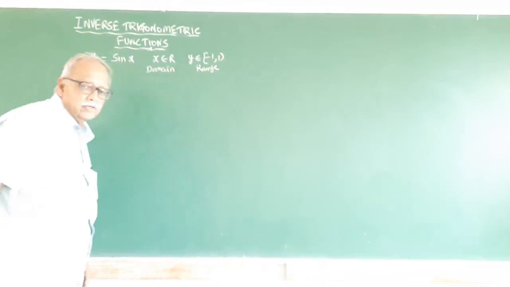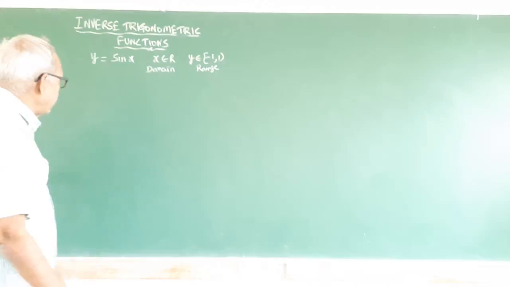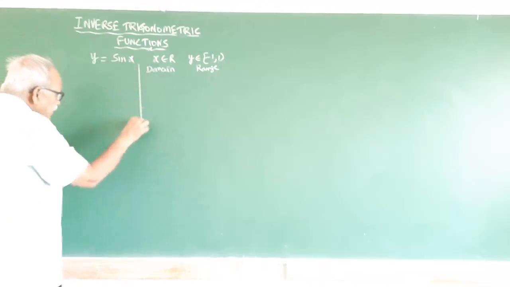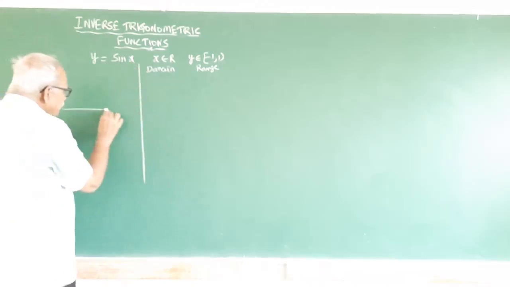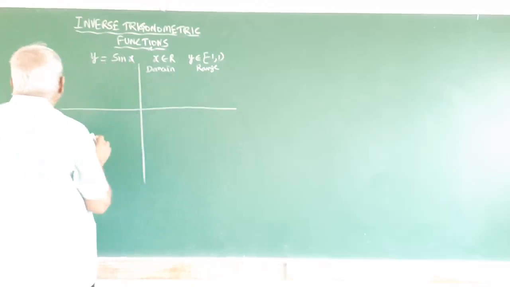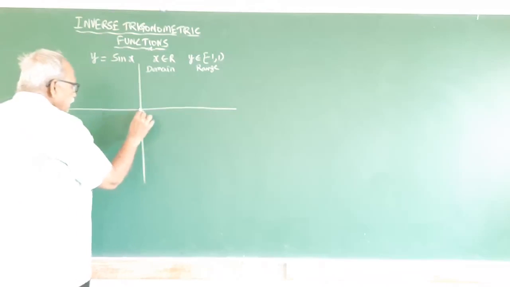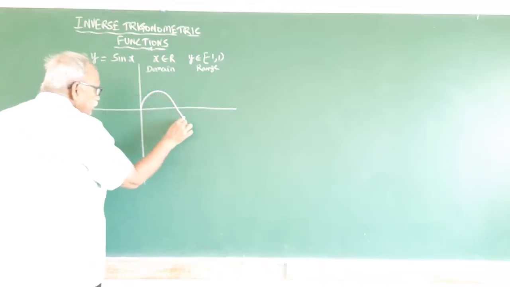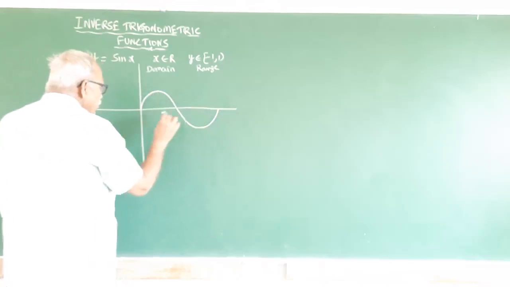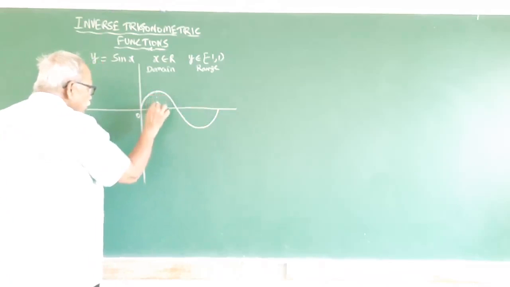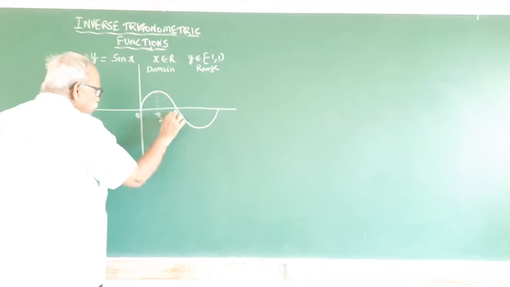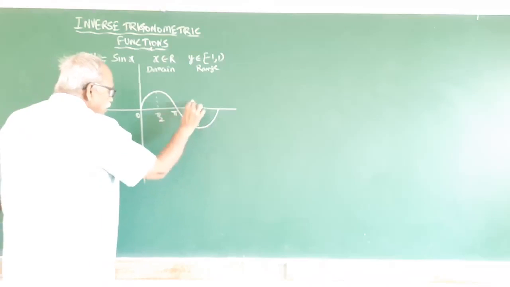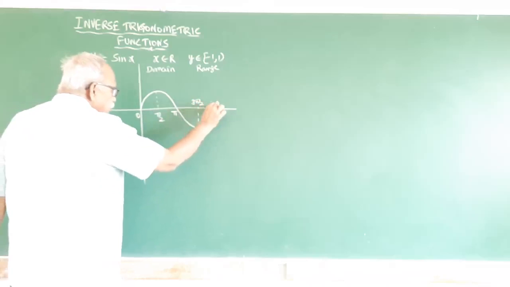Now, let us draw the graph of the sine function. From where to where am I drawing? 0 to 2 pi. 0, this is pi by 2, pi, this is 3 pi by 2, 2 pi.